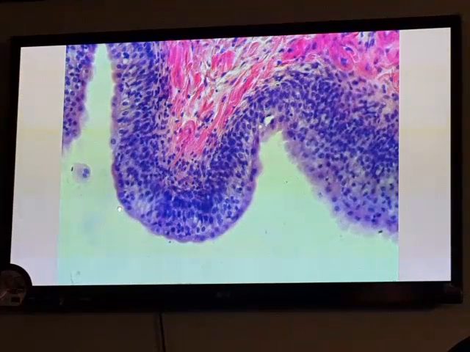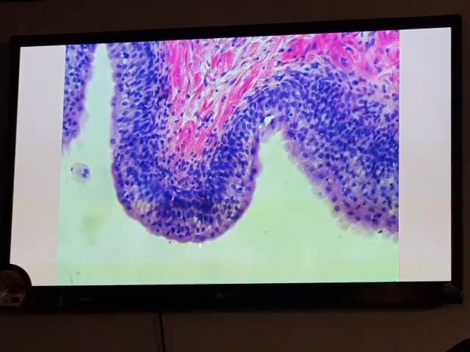The main characteristic feature of these cells is that they are binucleated. This is one dome cell and this is another dome cell, found in the superficial layer of the transitional epithelium. The shape of these cells in the superficial layer differs according to the distension of the urinary bladder.